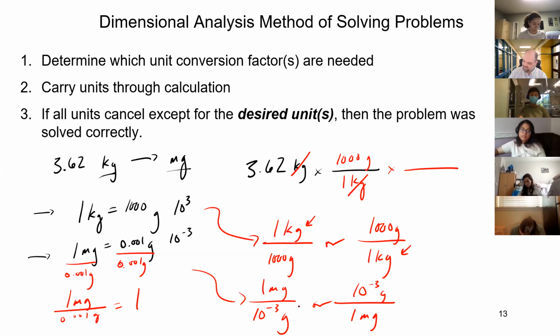So do I need the one with grams on the bottom or grams on top? On the bottom. So 1 milligram is 10 to the negative 3 grams. Then my gram unit cancels.